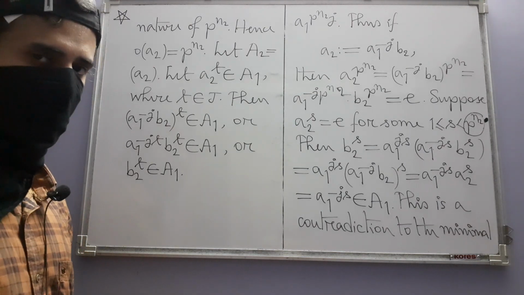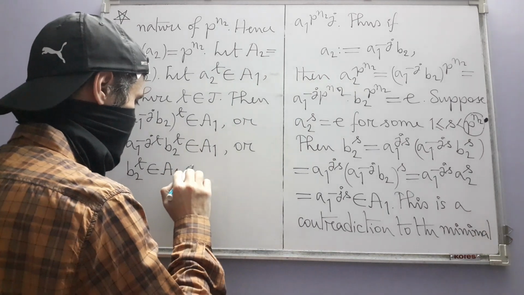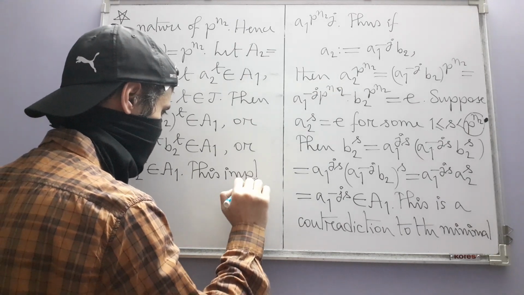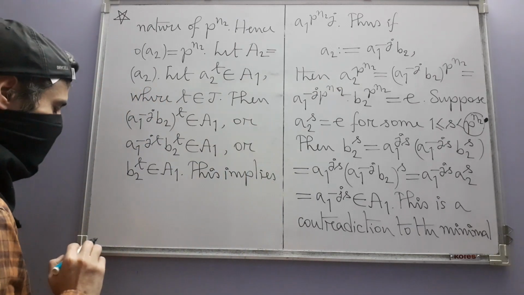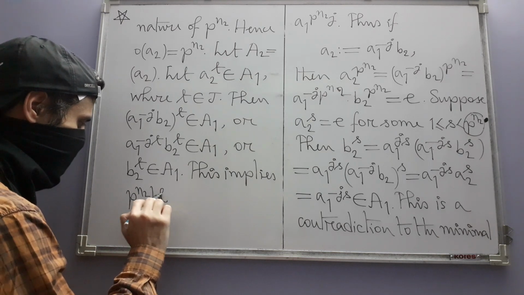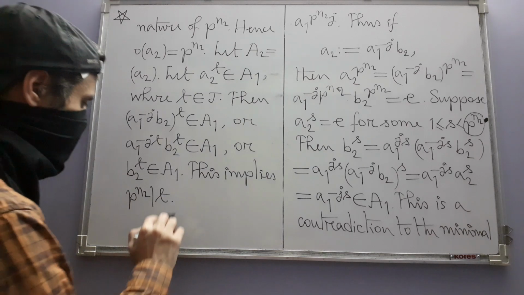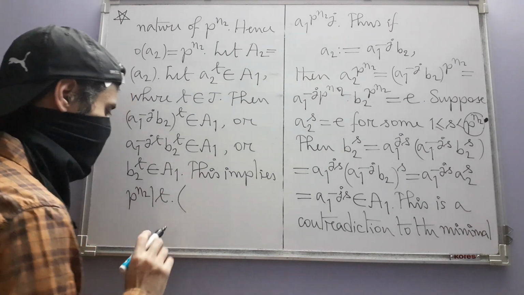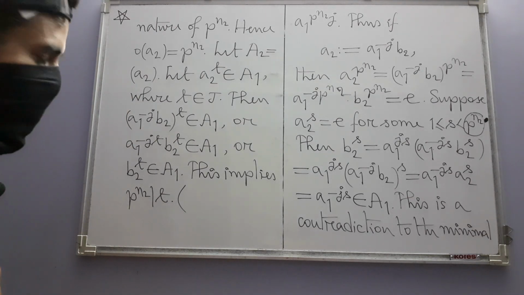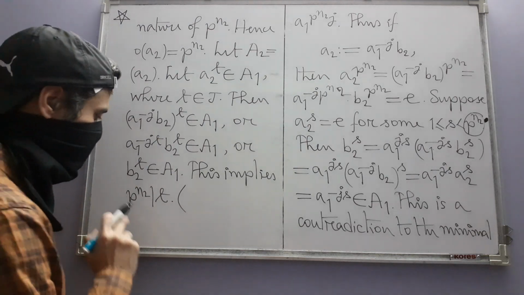Let me show you how, or you may stay confused here itself. This implies, let me first write the conclusion and then I will show you how, that p to the power n2 divides t. Now an explanation for this divisibility. By the division algorithm, or what we may call Euclidean algorithm, t can be divided by p to the power n2.